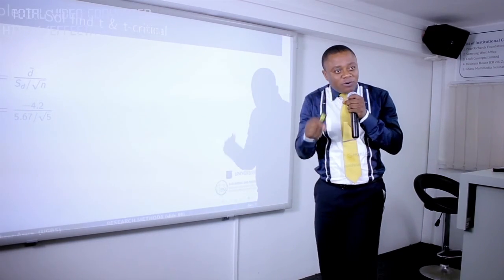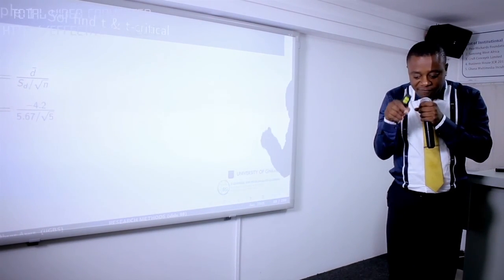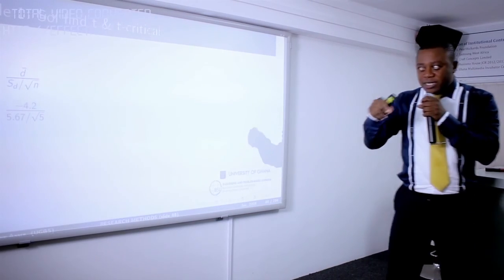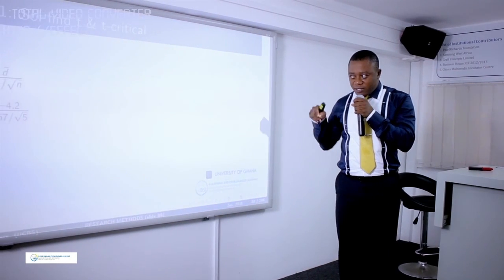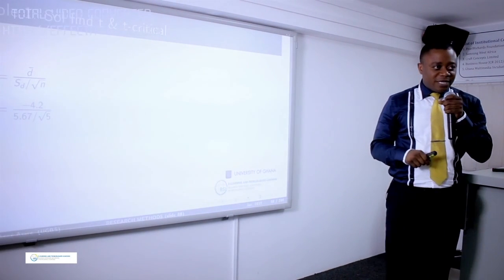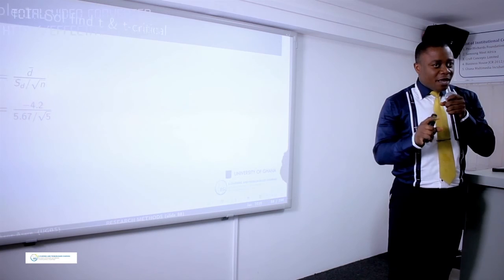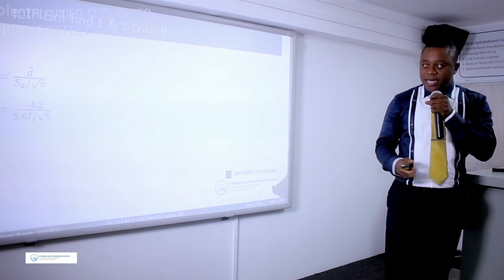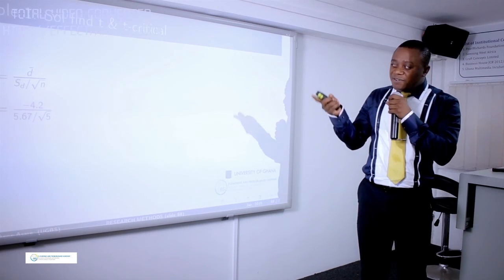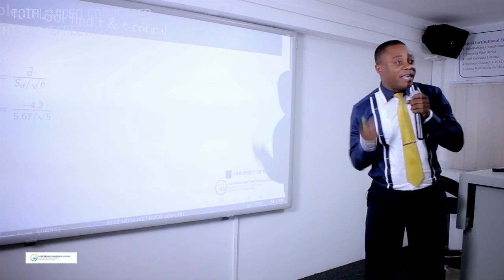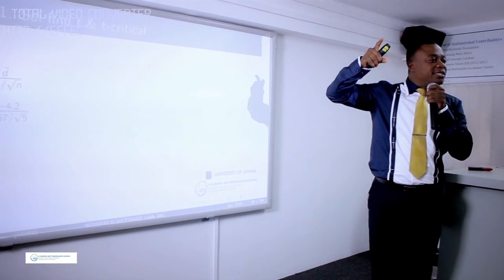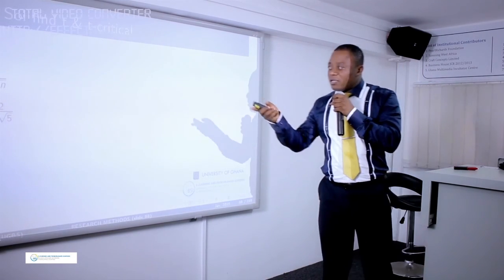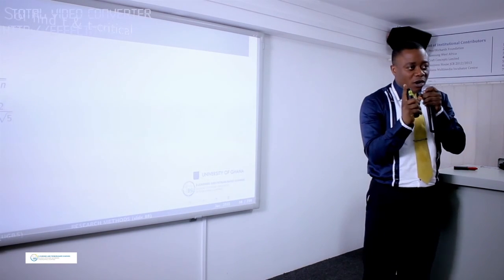On your calculator, they'll rather go and type negative 4.2 divided by 5.65 divided by square root of 5. That is a mistake. Because what the calculator is going to do is negative 4.2 divided by 5.65. You realize that? And then it will use that answer divided by square root of 5, which is wrong.